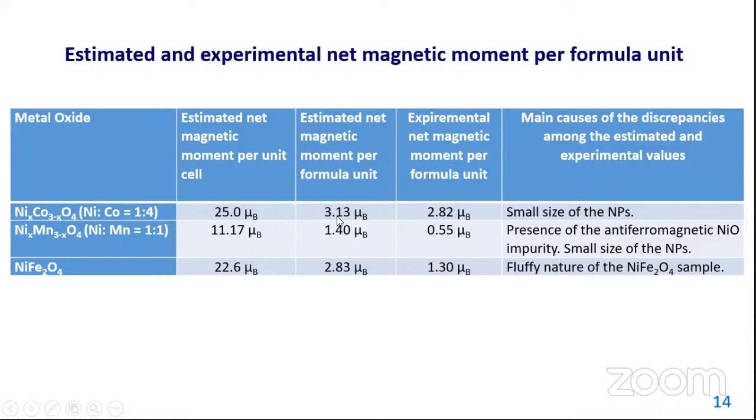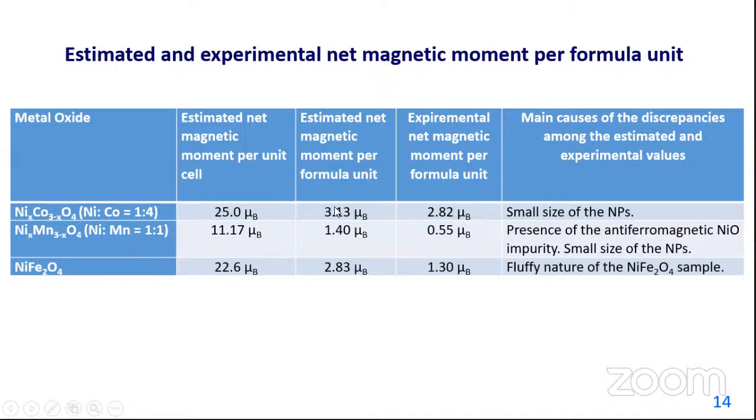As you know, our structures are nanostructures, small particles, which means high surface area. The spins at the surface are highly disordered, and spin disorder at the surface reduces the net magnetic moment. This is probably the reason that instead of 3.13 Bohr magnetons per formula unit, we get 2.82 Bohr magnetons.